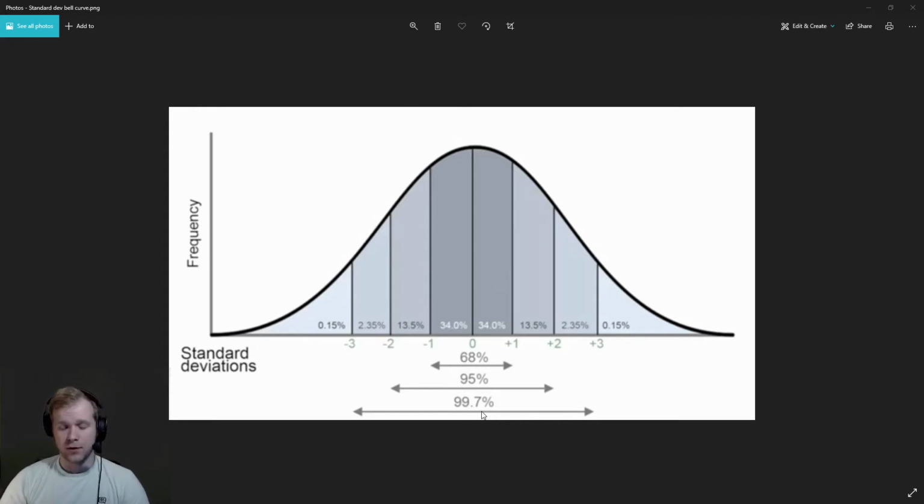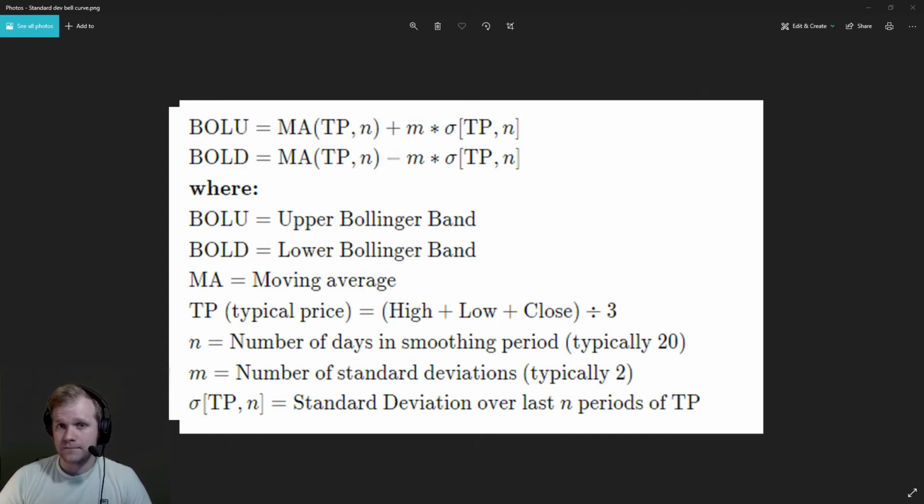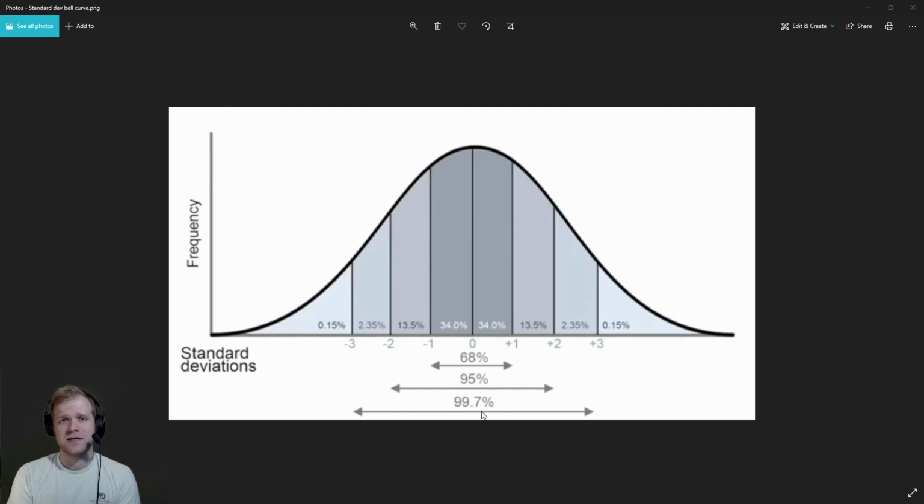I'll put the Bollinger Band formula on the screen now just so you can see it. Pause it if you want to try to look at it and work through it. It's a lot. Now, basically what I'm saying is that it's a measure of statistical significance. How far away are we getting from the average, and is it significant compared to the average of how far we travel away from that average?